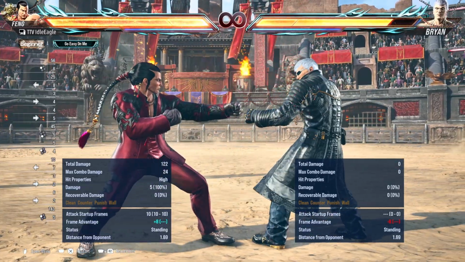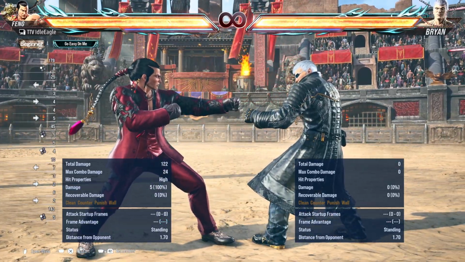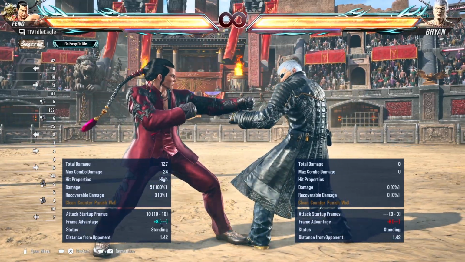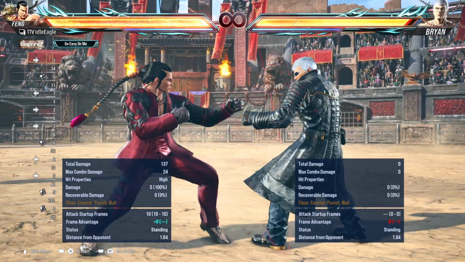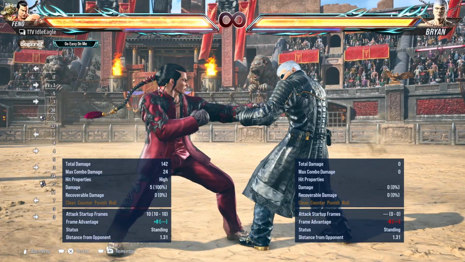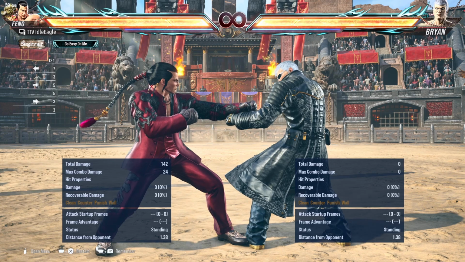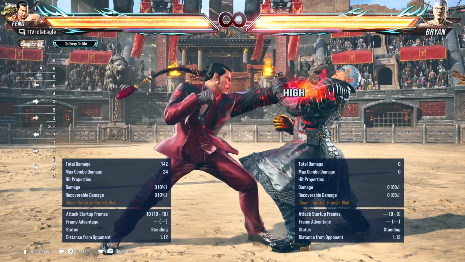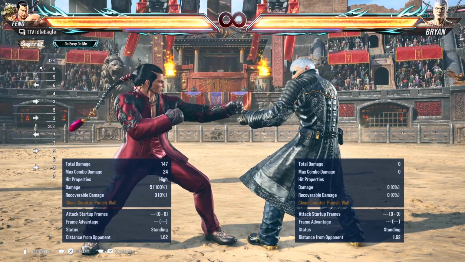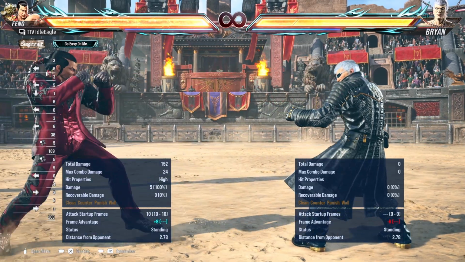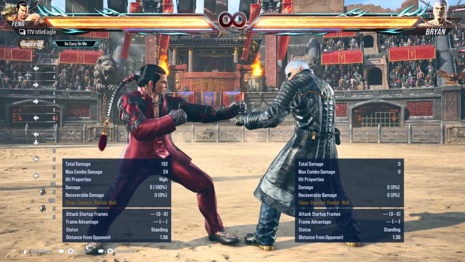So, with that being said, I'm going to explain what people say. Look at this frame advantage, right? Look at the frame advantage on Feng. +8, it says, right? Now, this is probably one of the most important things to understand about Tekken. Before I explain about frame advantage and frame disadvantage, you need to know, if you don't already, that a jab, universally in Tekken, is 10 frames.